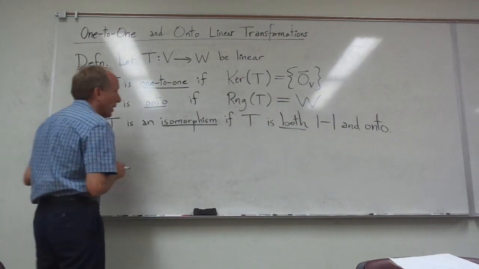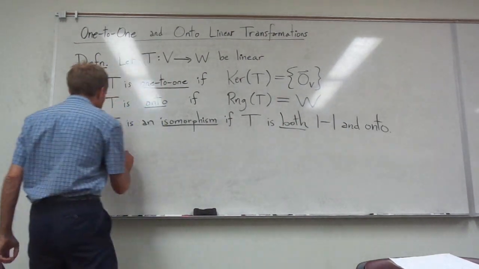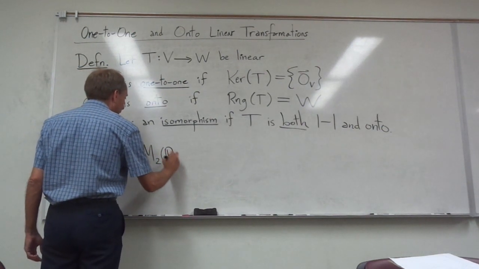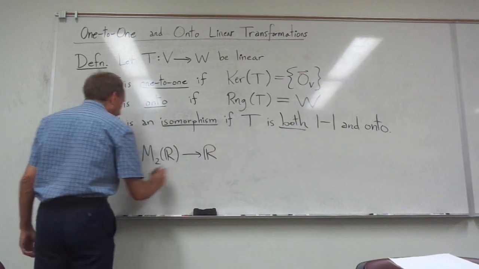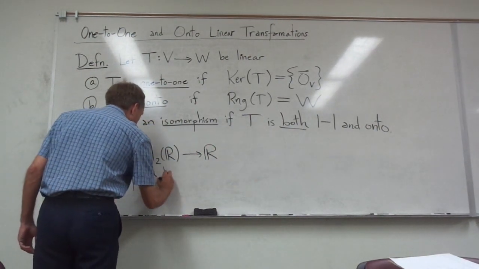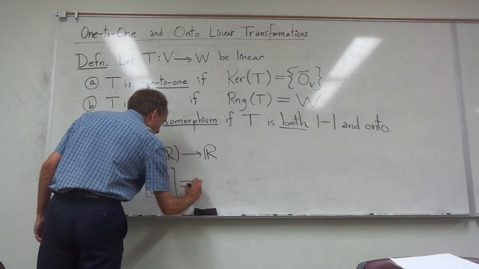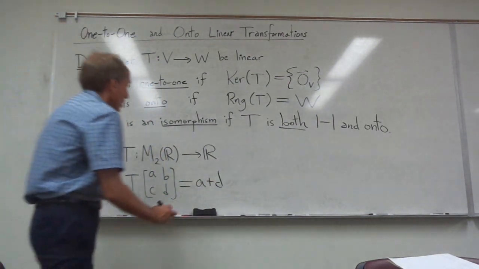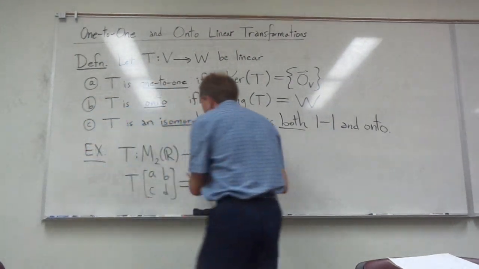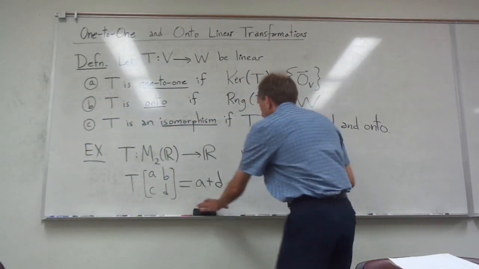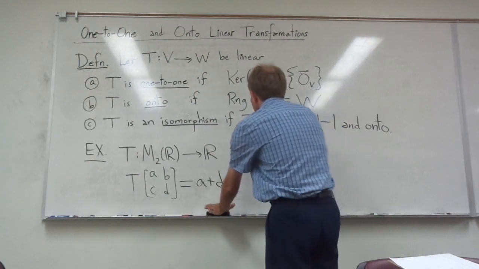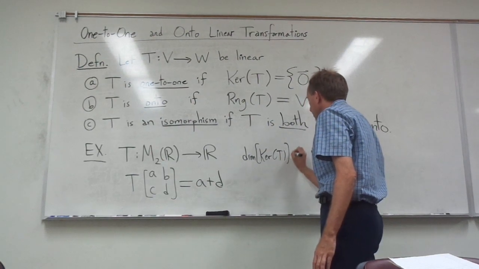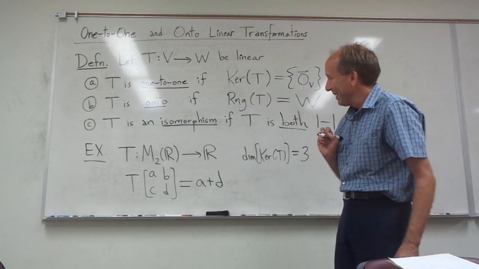I'm going to go back to an example that we've looked at before. Let's take T to go from M2 of R to R, and the transformation simply takes a 2x2 matrix and spits out A plus D. You might remember, we've done this calculation before, that in this example, the dimension of the kernel of T turns out to be 3.